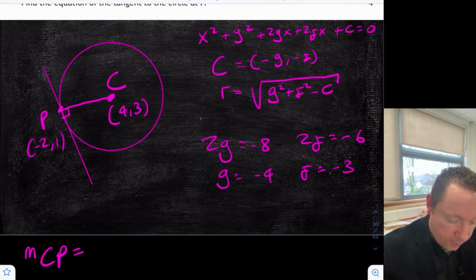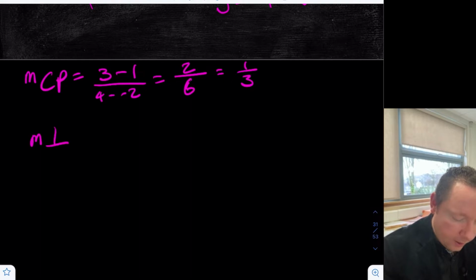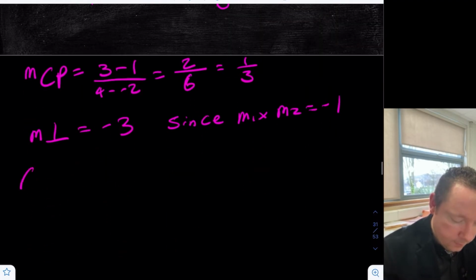So that's 3 minus 1 over 4 minus minus 2. That is 2 over 6, which is 1/3. So the gradient of our perpendicular must be minus 3, since m1 times m2 equals minus 1. And the point we've got is minus 2, 1.